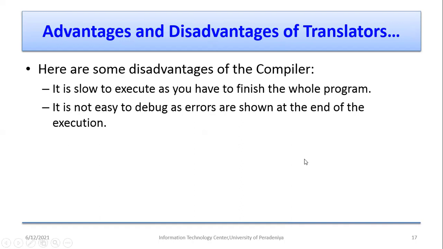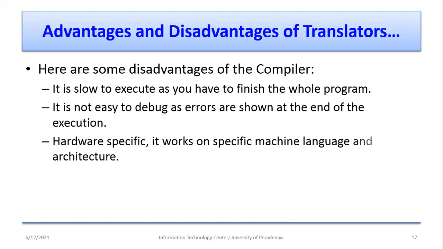So we have to correct all the errors before execution, because the compiler takes the entire source code, so we have to correct the errors in the entire source code before executing the entire program, right? It is also hardware specific: it works on a specific machine language and architecture. So if it is a different architecture, we have to convert again, right?